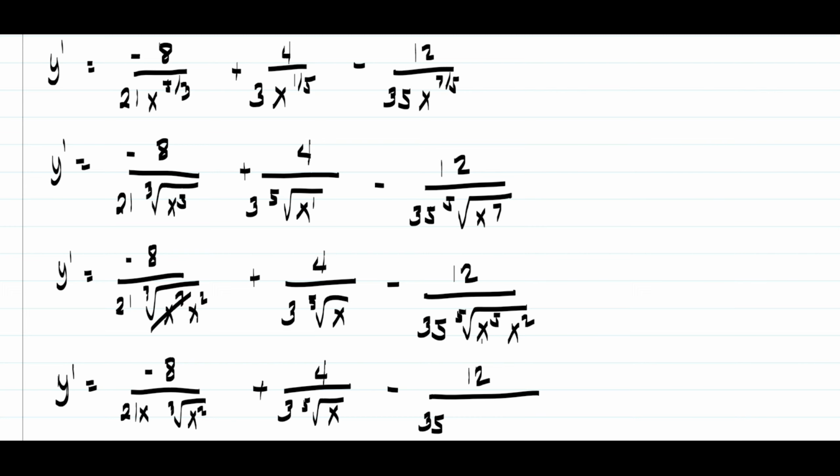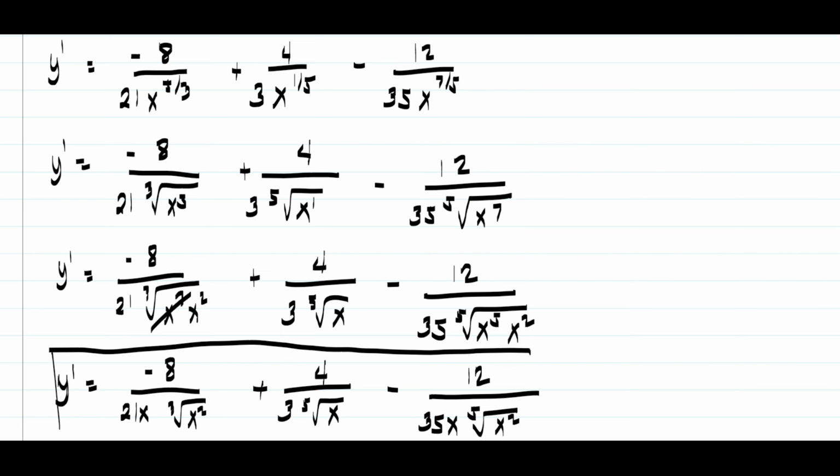We only have x raised to 5, which is the index is 5. So we are going to have x and then fifth root of x squared. So therefore, this will be the derivative of the given function.